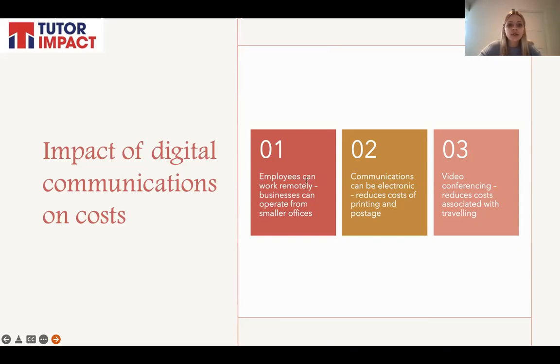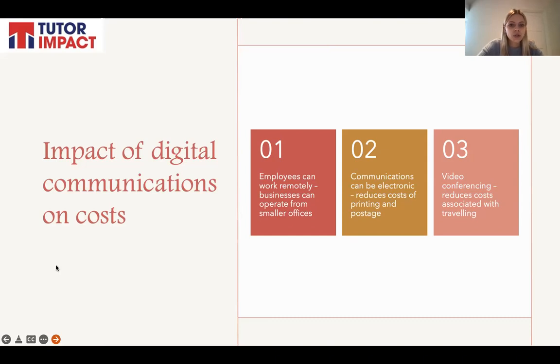Communications can also save money in terms of the electronic format they come in, because there is less printing and postage costs associated with that. And then even greater savings can be made with video conferencing, because there is no cost associated with people traveling to make face-to-face meetings happen. So it's overall reducing the costs once that initial investment has been made into the technology that is required.